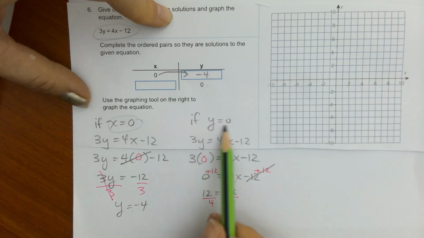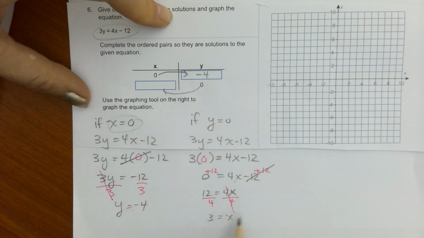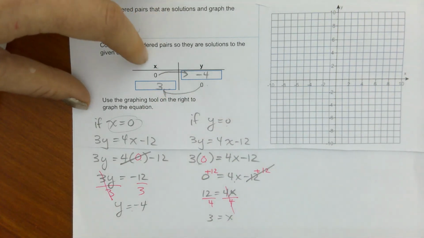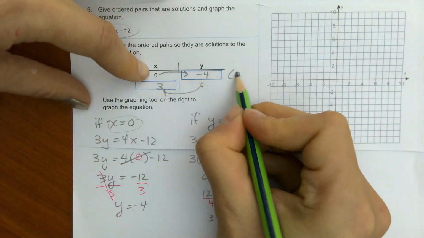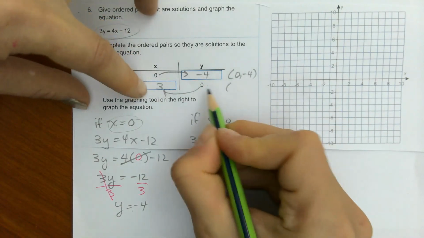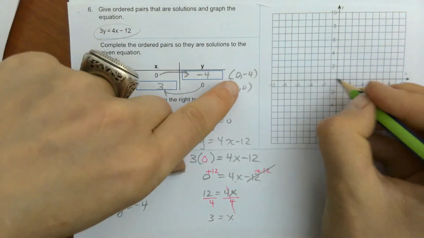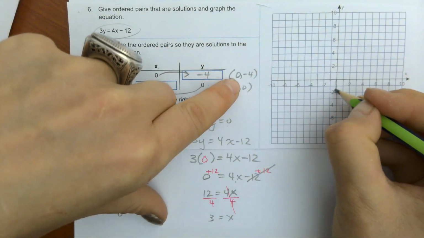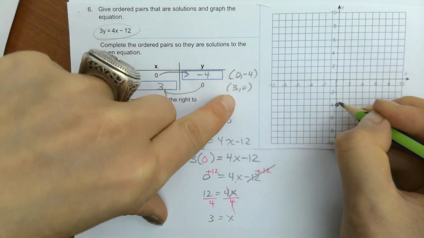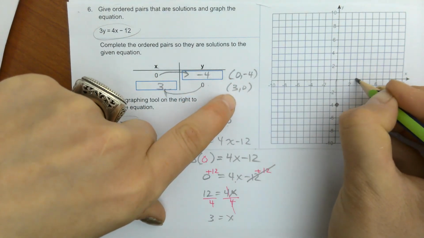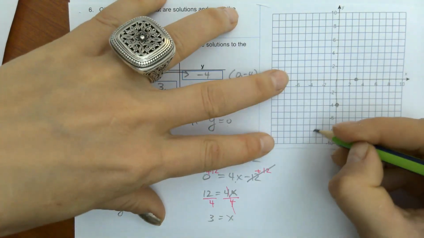So if y is 0, x is going to be 3. So now we have to graph it. So here's one coordinate, and then here's the other coordinate. So if x is 0, y is negative 4, and if x is 3, y is 0. So it goes like this.